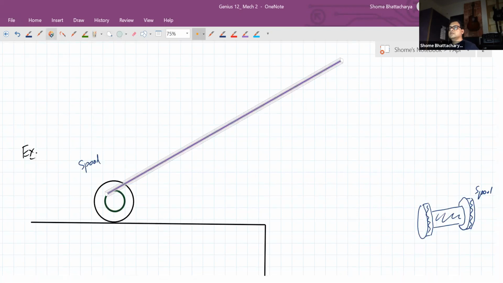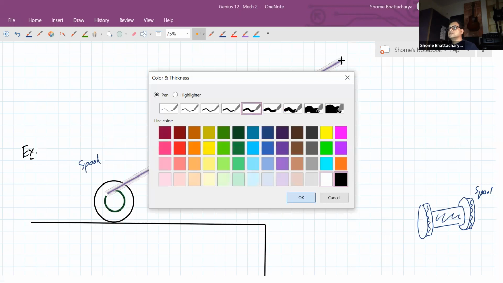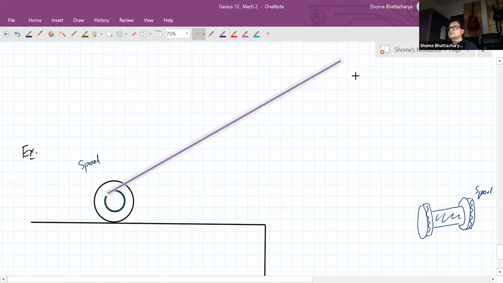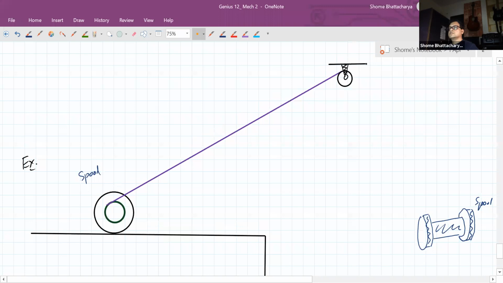So it's attached. This kind of situation.